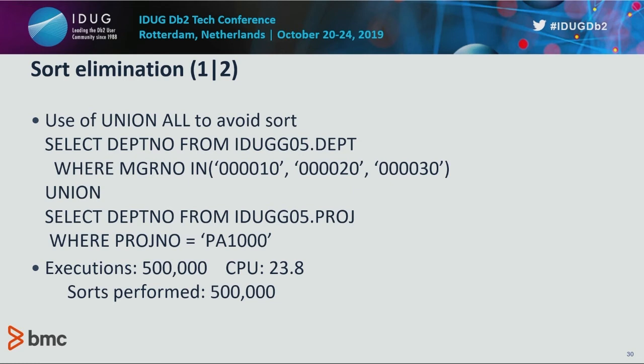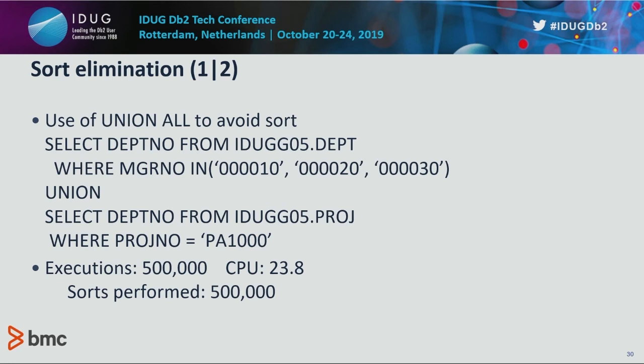Maybe not too bad, but then in this example, I'm not using the big employee table. This is a couple of those smaller tables from the sample. And I'm invoking sort each time that I run this query. So there could be situations where you know the data, you know that you're not likely to get many duplicates, or if you do get duplicates, that can be fairly easily handled in the application.